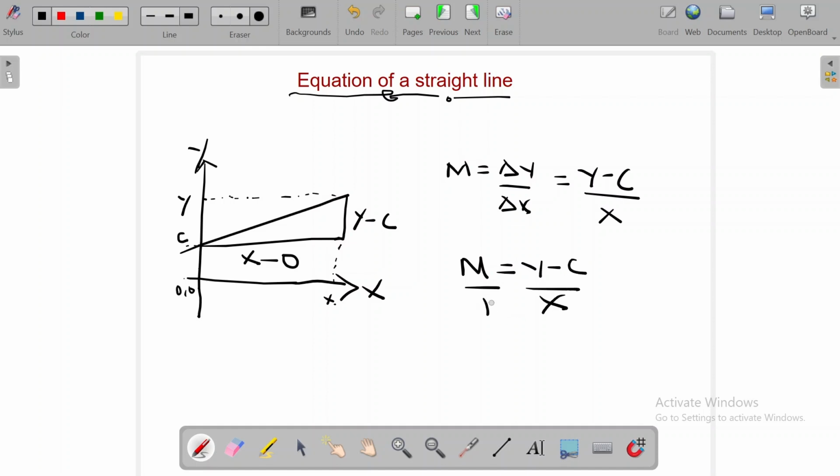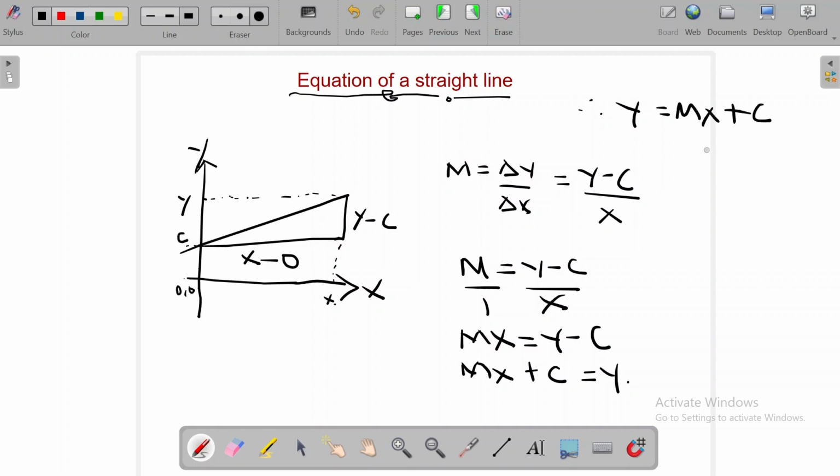If you cross multiply, you have mx is equal to y minus c. Make y the subject of the formula, it becomes mx plus c is equal to y. So I can say that y is equal to mx plus c, where m is simply the slope.